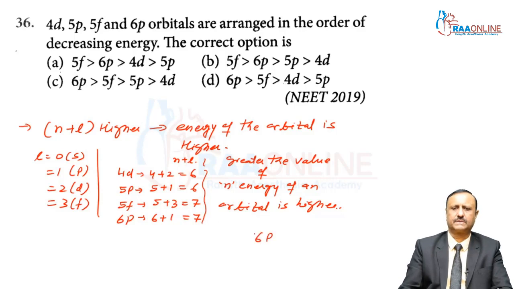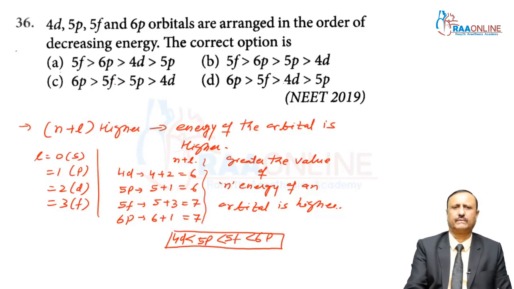So, energy of 6p is greater than 5f, energy of 5f is greater than 5p, and energy of 5p is greater than 4d. My dear students, this is the order: 6p, 5f, 5p and 4d. So, your answer is C. Question number 36, you get answer C.